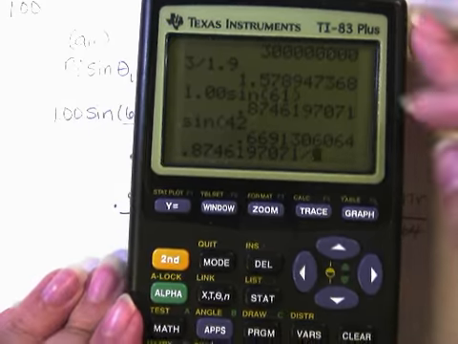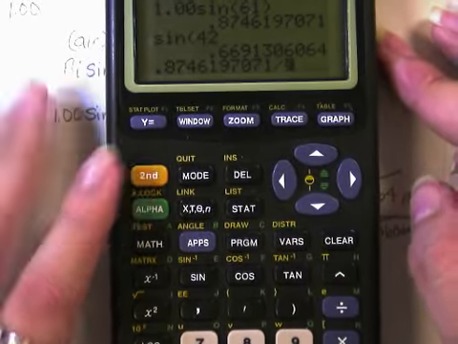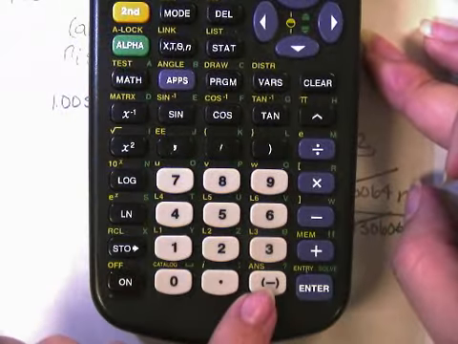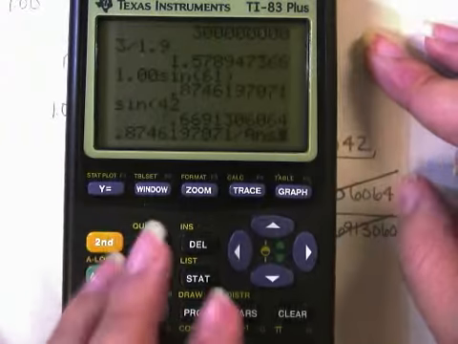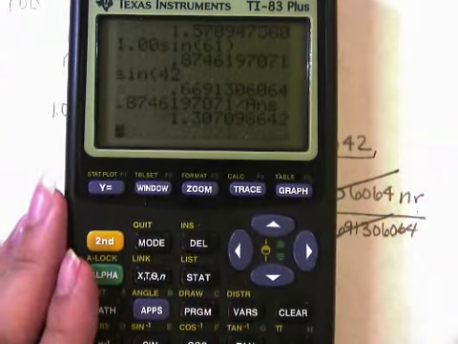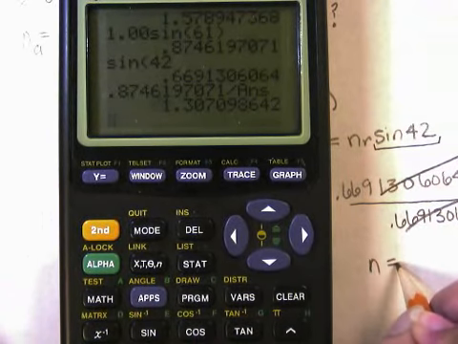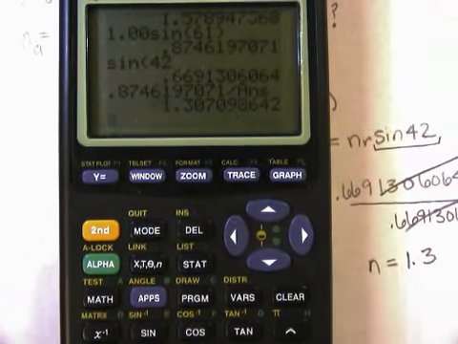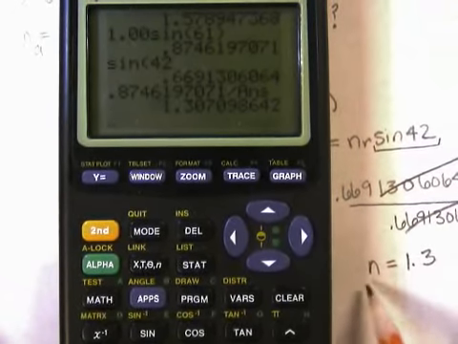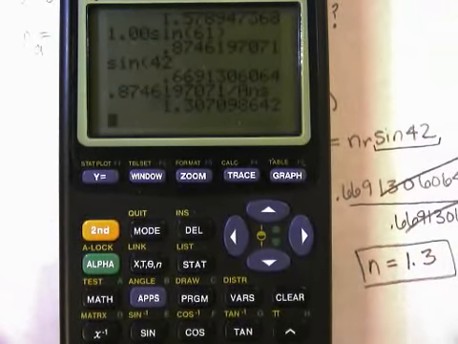And rather than typing it all in, I'm going to use my shortcut by pressing second, and then right here where the negative sign is, and it'll take the last answer it just generated. And so I get an index of refraction of about 1.3. And there are no units. The units would cancel out. And that's it.